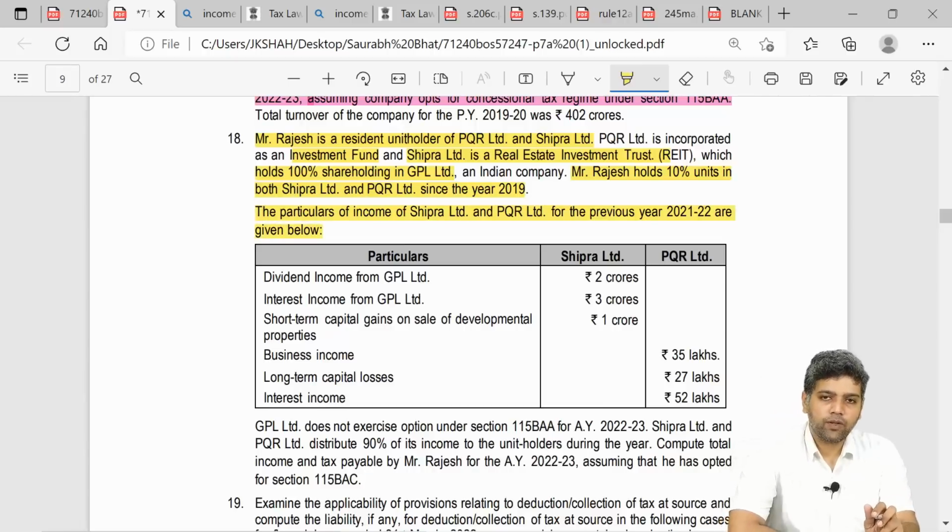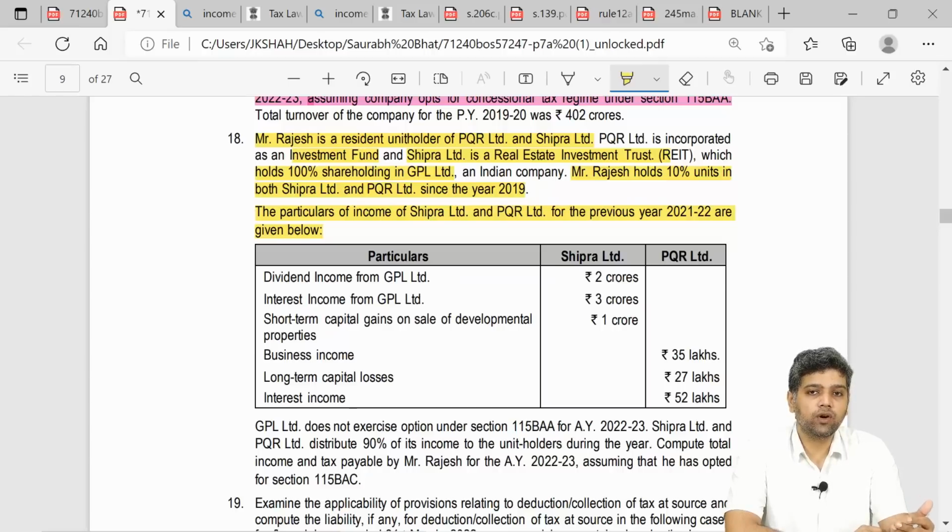Now friends, if you remember this chapter, we have already discussed that as far as business trust is concerned, only the interest income received from SPV and rental income received by the business trust and dividend income in case SPV does not opt for section 115BAA, that would become taxable in the hands of unit holders on a pass-through basis.